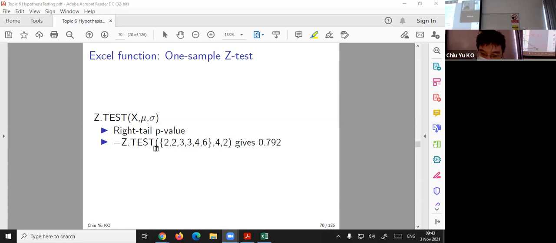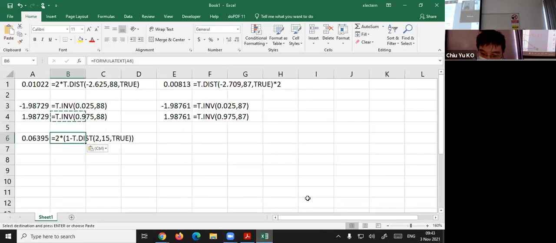So here is a test where you give the data, you give the mean, you give the sigma, and this will give you the p-value. So let us look at the data. Let's do a one-tail test.